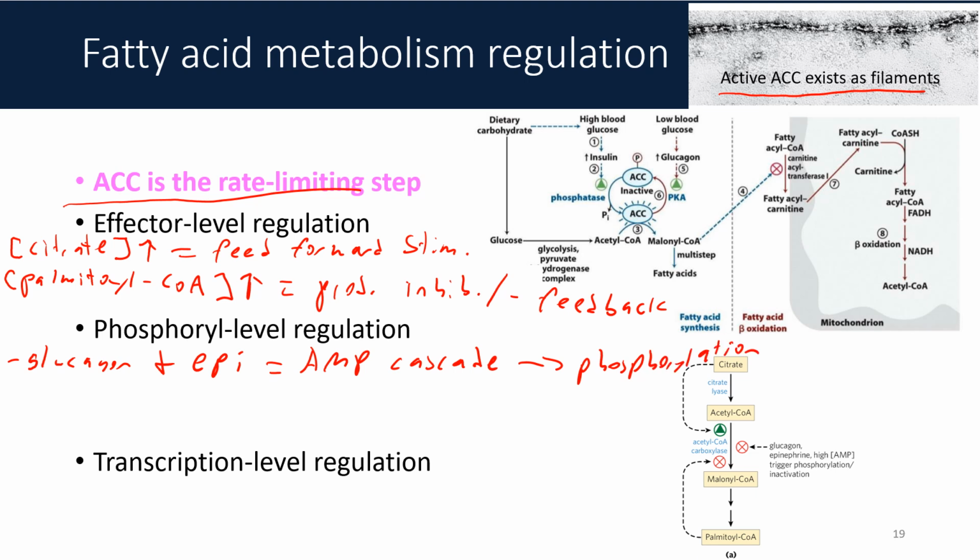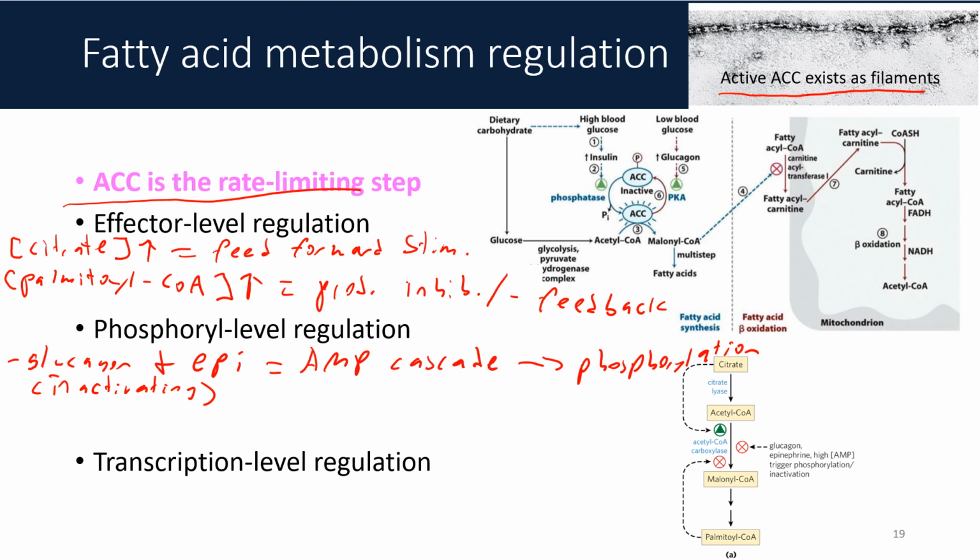This will have the effect of inactivating fatty acid synthesis because that's going to increase the negative charge on these ACC monomers, and it's going to cause the filaments to fall apart, deactivate.